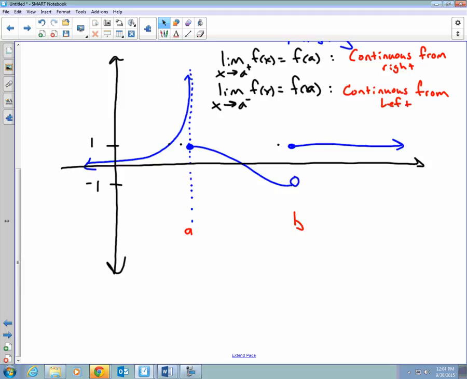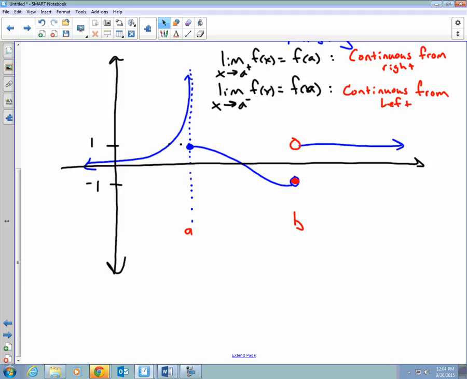What is f of b? 1. Is that the same as the limit from the left or the limit from the right? From the right. So we would say that b also has continuity from the right. Now, if I would change this and do that, then b would have continuity from the left.